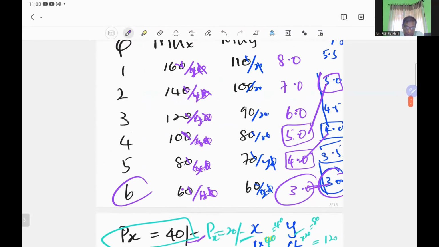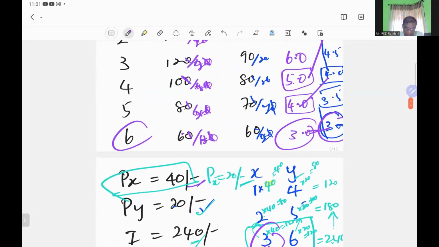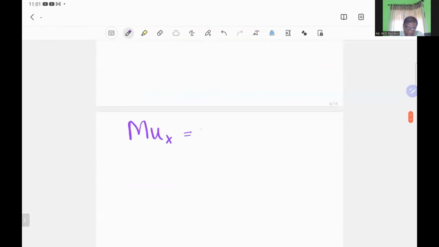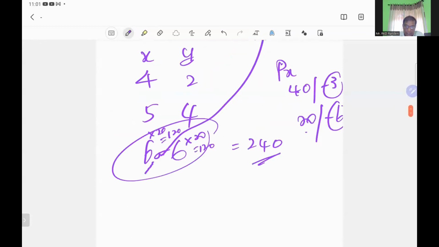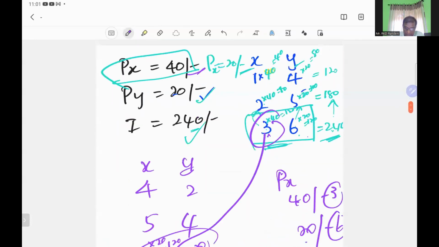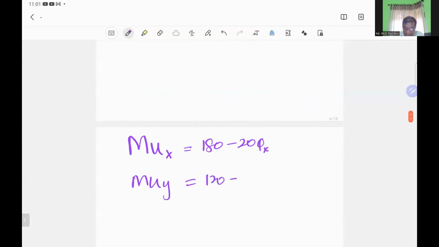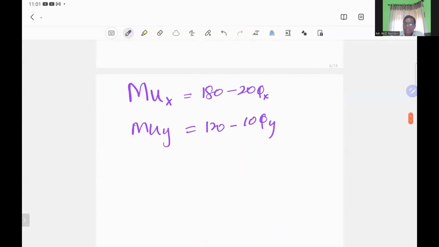Considering this data, 180 minus 20 QX. MUY, right? Here 120 minus 10 QY, right? Now, price of X is 40 rupees, price of Y is 20 rupees, consumer income is 240, right?